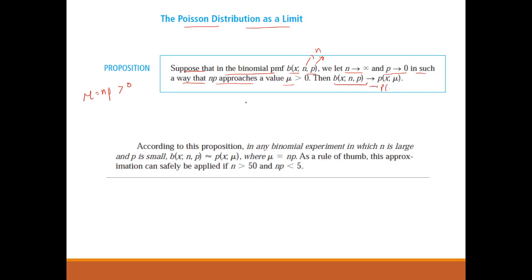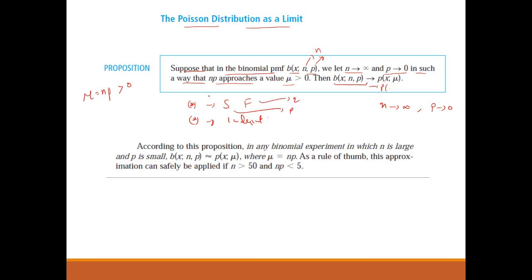So when does binomial distribution tend to Poisson distribution? When n is very large and p is very small. We know the properties of binomial distribution: there must be only two possible outcomes, success and failure, the occurrences of these outcomes are independent, and p is the probability of success and q is the probability of failure.